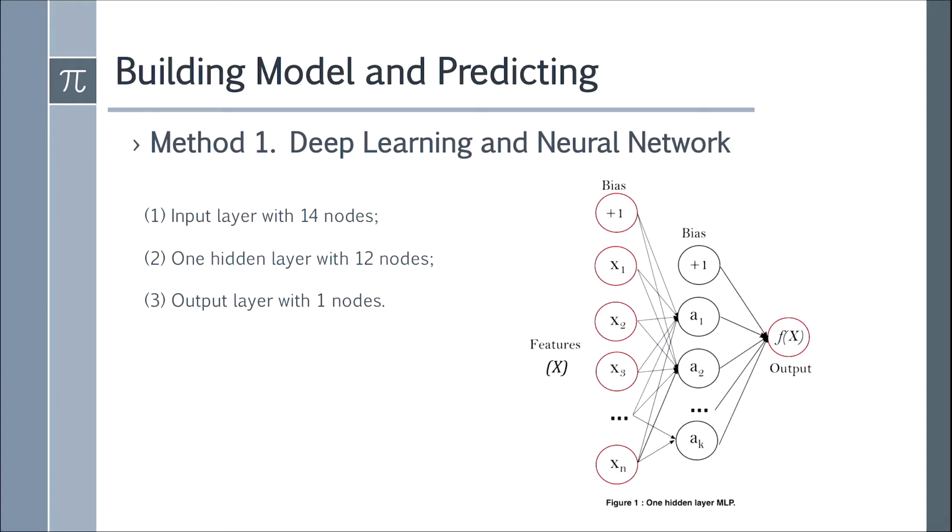The first one is the input layer, and there are 14 nodes there because there are 14 attributes in our project. And we only have one hidden layer in this project with 12 nodes. We chose 12 nodes just because we tried different numbers of nodes to find the better result.